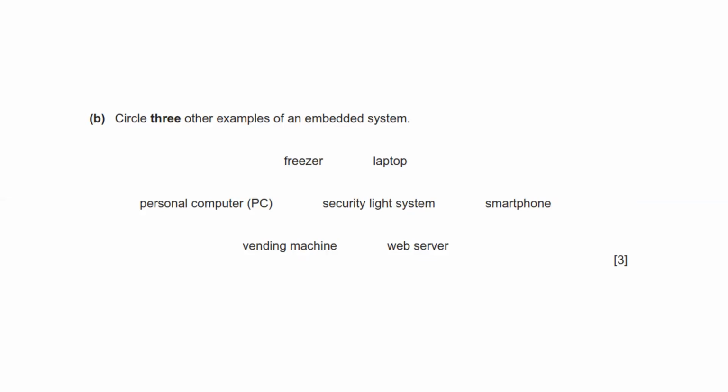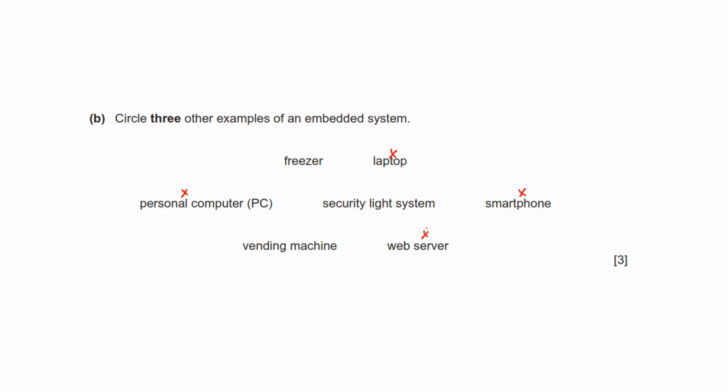Then part B says circle 3 other examples of embedded systems. So remember, embedded systems are specific systems or devices that are developed to execute certain functionalities which are not computers. So do not circle laptop, personal computer, web server, or smartphone.